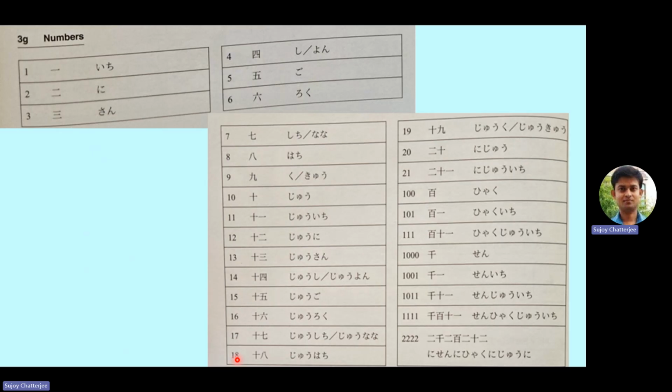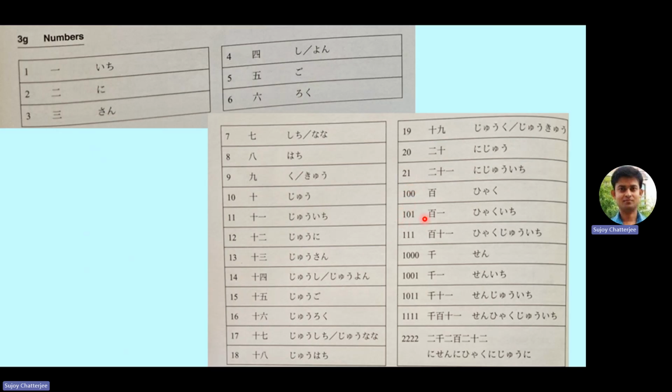So in this way it will go up to 99. And then comes 100, for which again we have this new symbol altogether, and it is called hyaku. Hyaku is now a single unit which is 100.